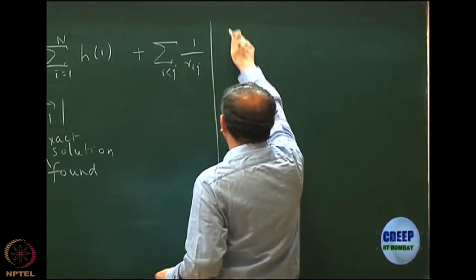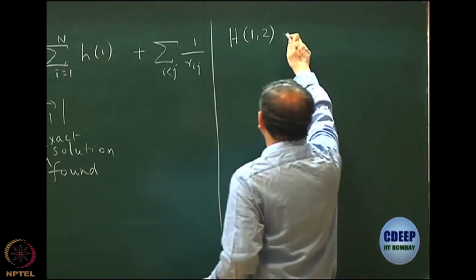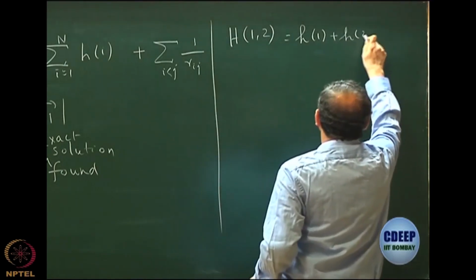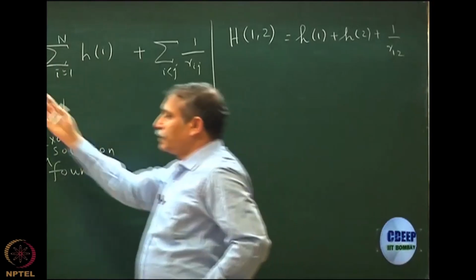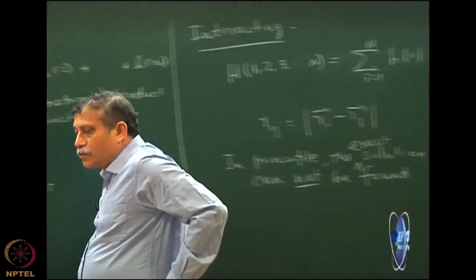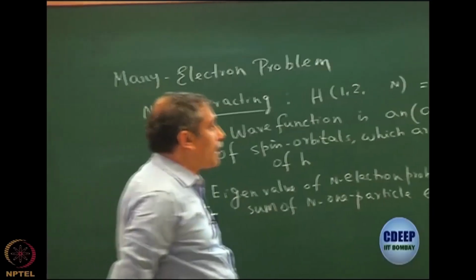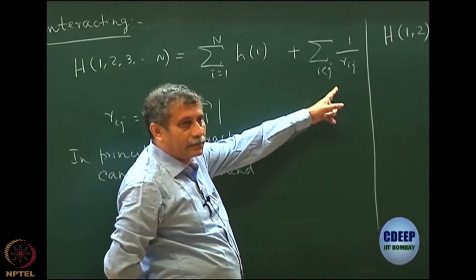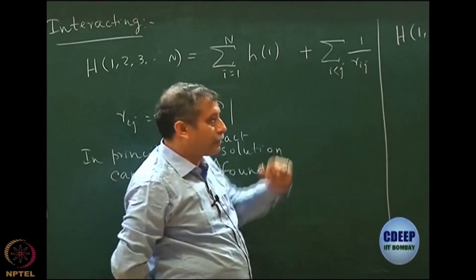So, let us say that I write a two particle problem as an example, as H of 1 plus H of 2 plus 1 by R12. So, a very simple two particle problem, which can now be written as a sum of two one particle Hamiltonians, H of 1 and H of 2, plus 1 by R12, which means essentially only one term of this summation, because there is only one term for a two particle problem.